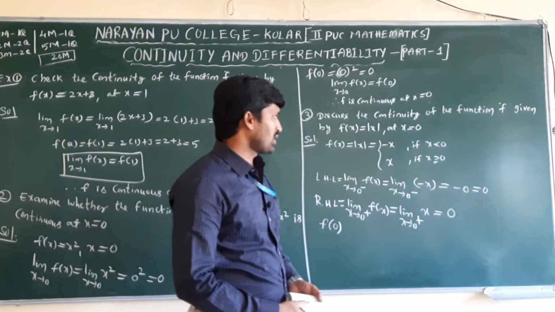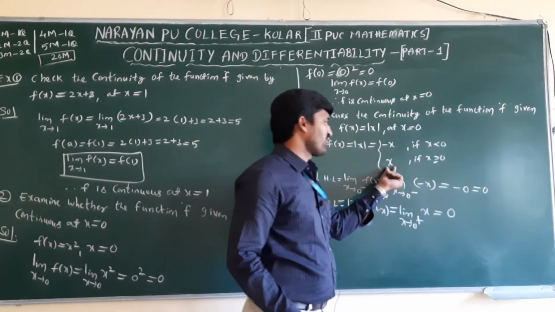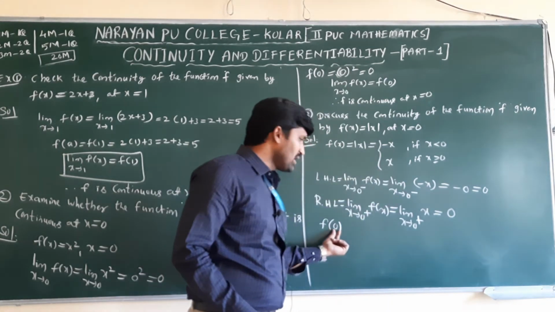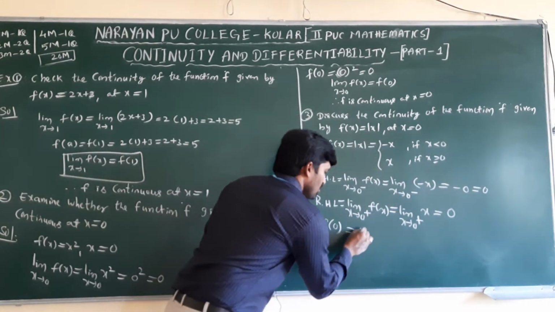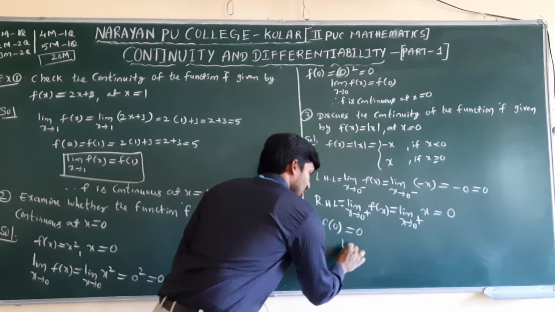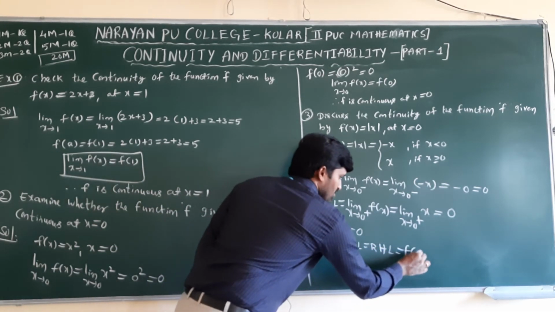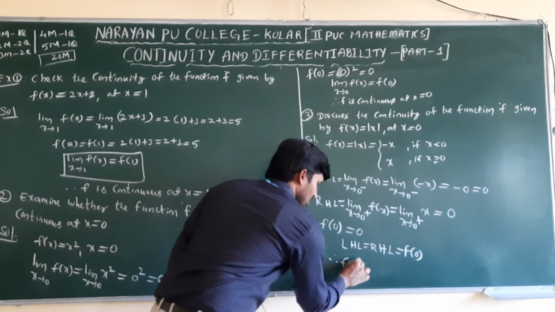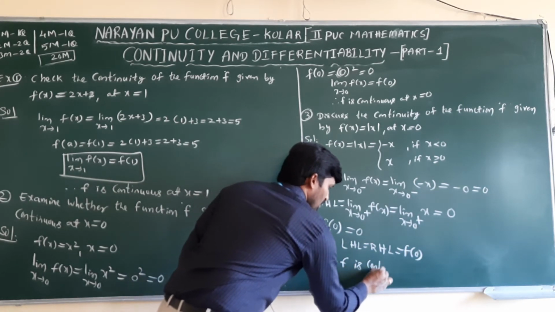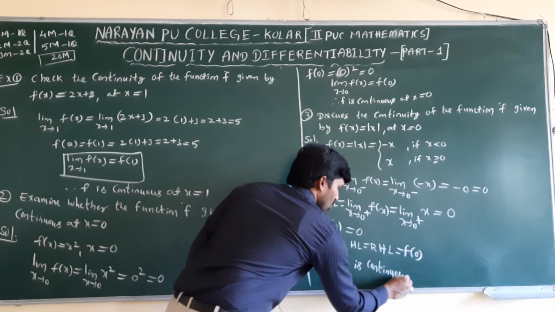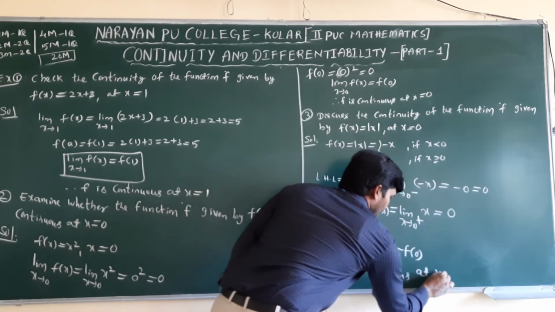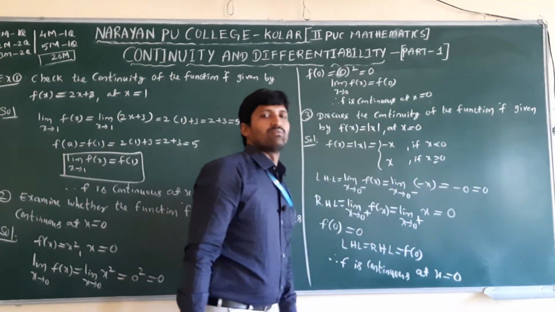At x equal to 0 also the function is x, and the x value is 0. So all three values are equal. Here LHL equal to RHL equal to f of 0. Therefore f is continuous at x equal to 0.